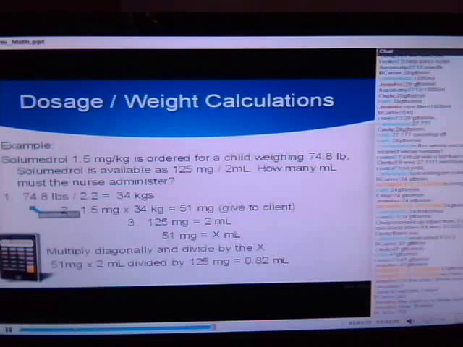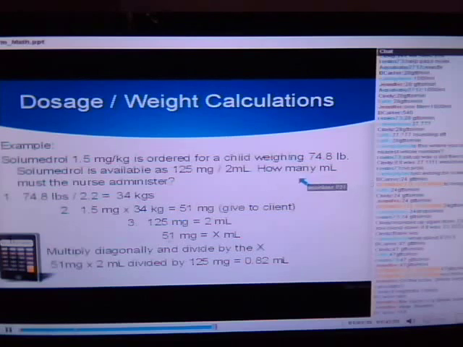On hand, we have 125 milligrams per every 2 milliliters, right? So we know we have to give 51 milligrams to our client.